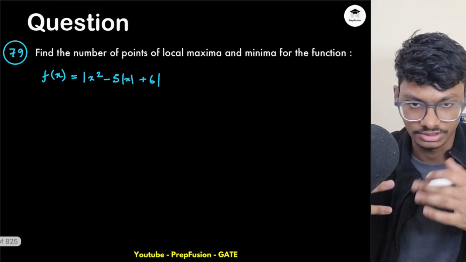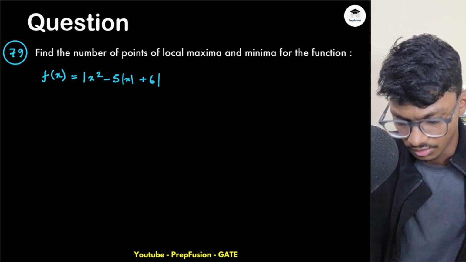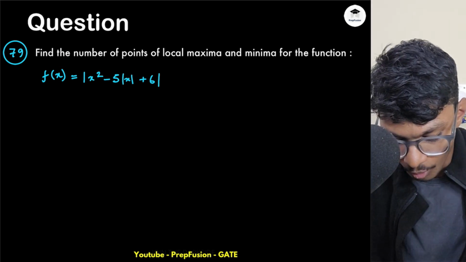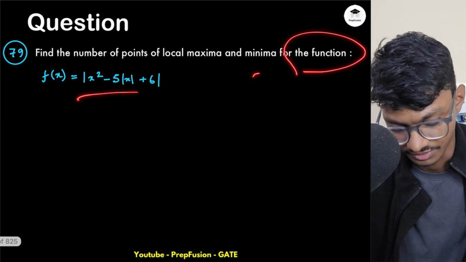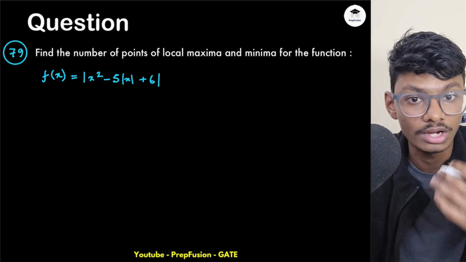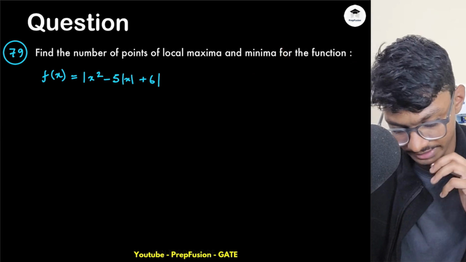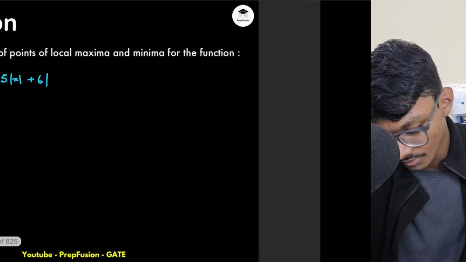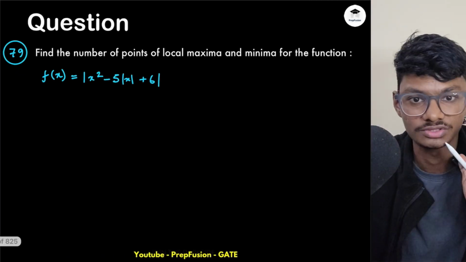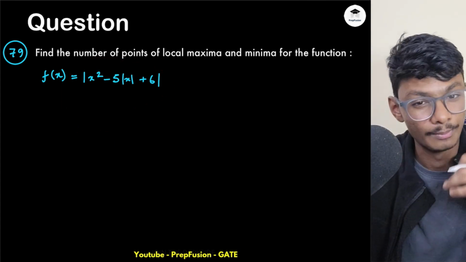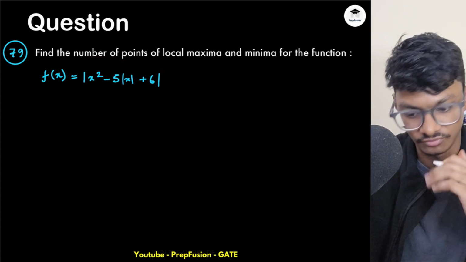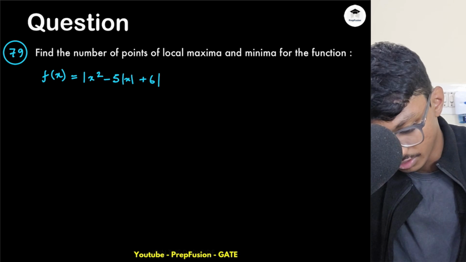Now let's solve a question and we'll understand this. Find the number of points of local maxima and minima for the function. So it is asking us about local minima and maxima. What should we do first? We should plot the function, because solving this function mathematically is very difficult. So first I'll just remove all the mods.